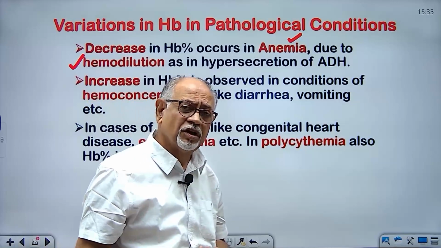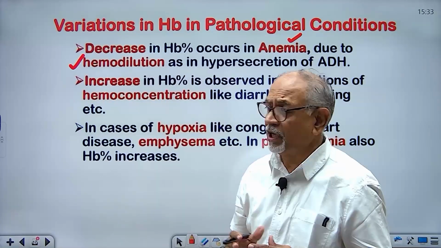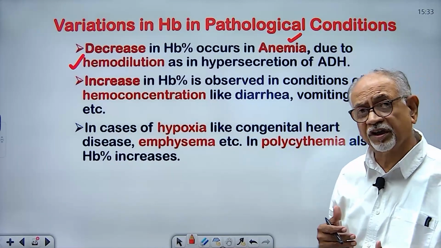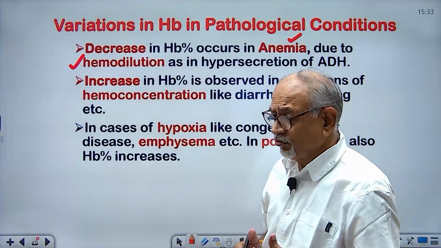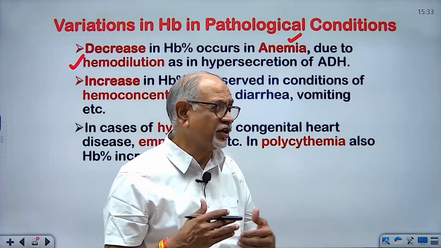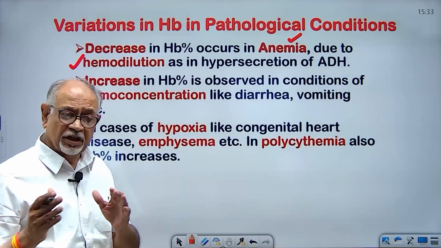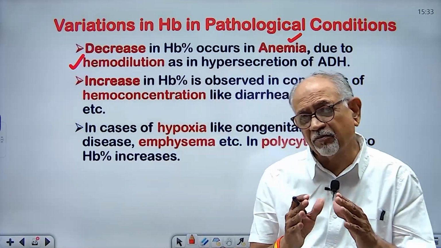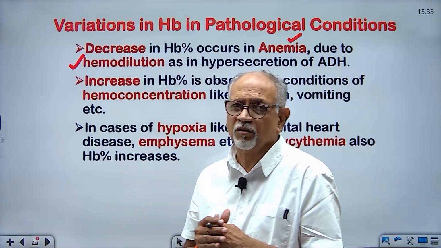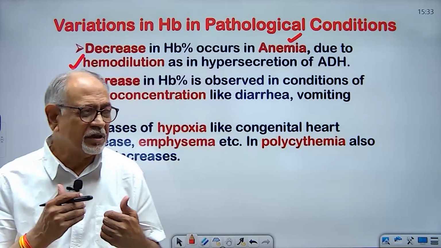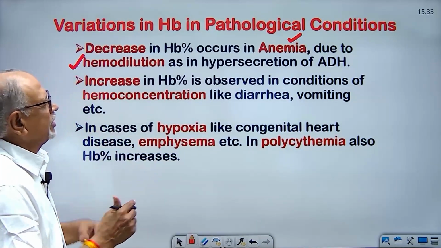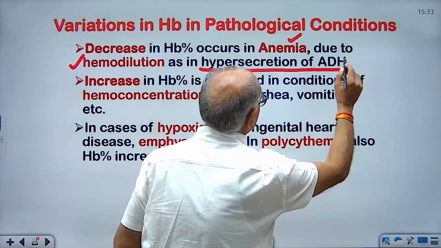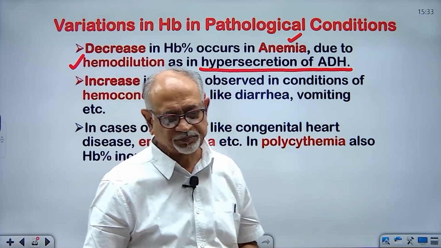Hemodilution means dilution of blood, where the volume of blood increases, which is called hypervolemia. So, if the volume of blood increases, then the density of RBC will decrease, and thereby the amount of hemoglobin will decrease, as we can see in the event of hypersecretion of ADH.